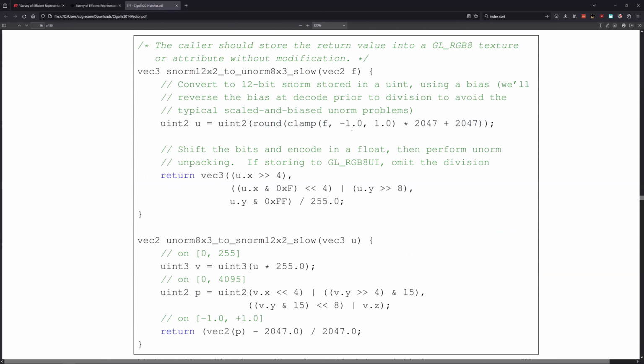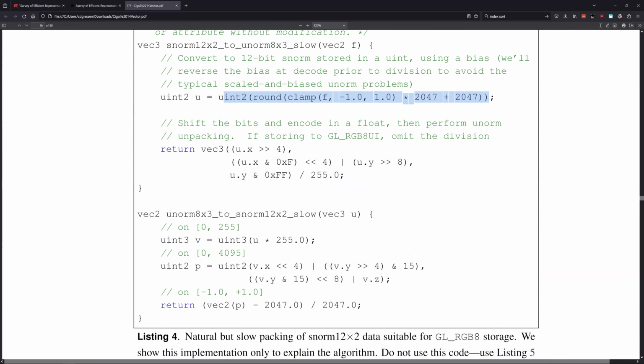Okay, some math for going between the two, 8x3 and 12x2.